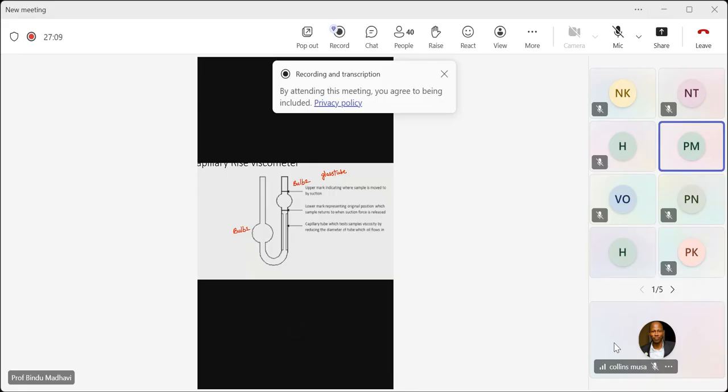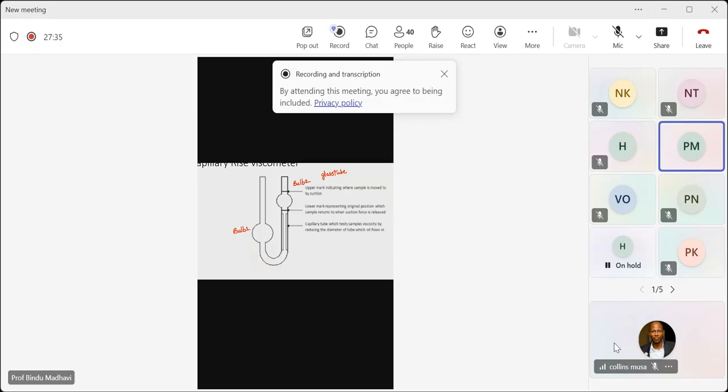So this is the construction of this capillary rise viscometer. It's a simple U-shaped glass tube that is transparent. We can visualize the movement of the liquid inside the glass tube. It is provided with one bulb on each arm.